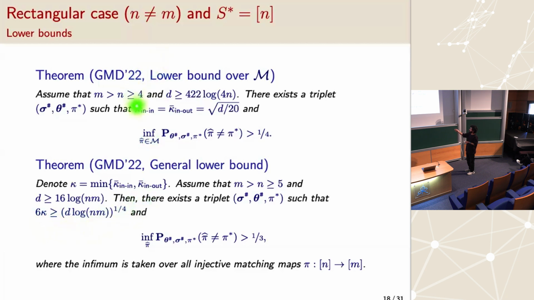Actually, it's not possible here, because we prove this for a particular class. But if it's possible to find an estimator in general that achieves this rate instead of square root of d, I don't know.